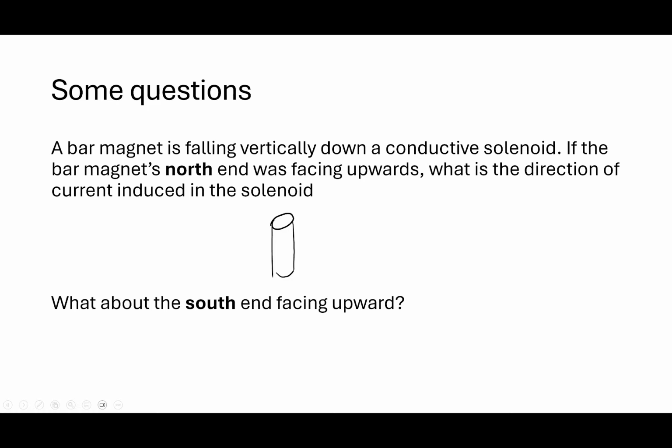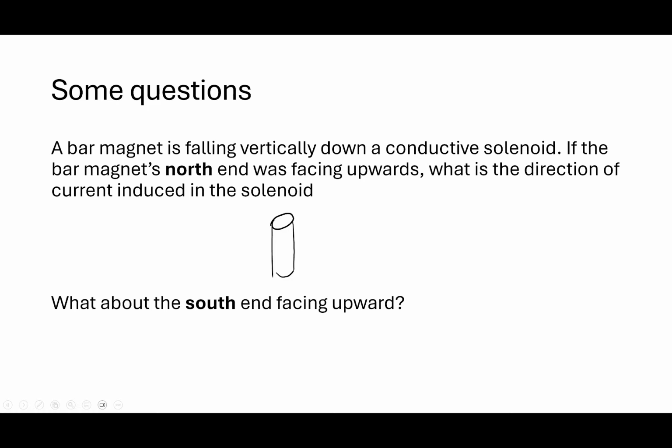So we have thumb up, going down into the solenoid. We have an increase of upwards flux, so the solenoid will have an increase in downwards flux. There will be an induced downwards flux in the solenoid because that will oppose the upwards flux of the bar magnet.